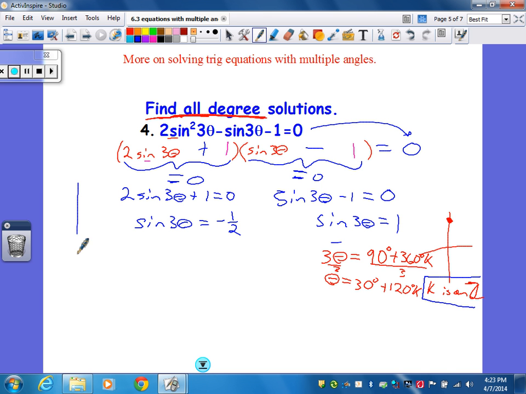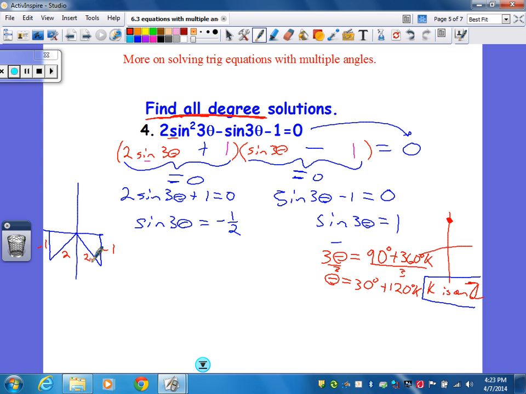Okay, now we're going to go over to this side. This angle is a little bit different. Negative 1/2, it's going to be an angle that we know. Since it's sine, we are going to say it's in quadrant 3 and 4. Negative 1, and then we have a 2.